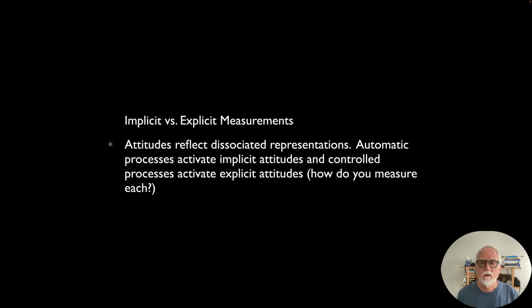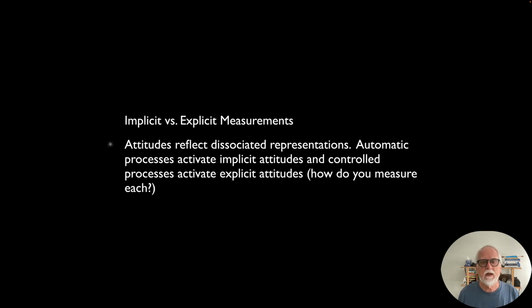So when you are in a situation that maybe just signals that an attitude is relevant, automatic processes are going to activate what's called the implicit attitude. Whereas controlled processes activate explicit attitudes. So when you're conscious and deliberating and have to report your attitude or think about it, that would be an explicit attitude. So you can think a little bit about how you would measure each of those. How do you measure automatic or implicit attitudes, and how do you measure explicit attitudes?